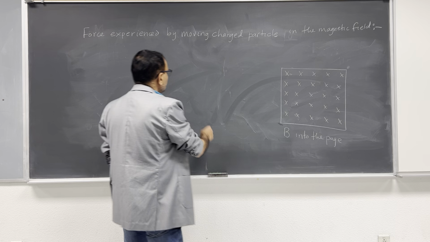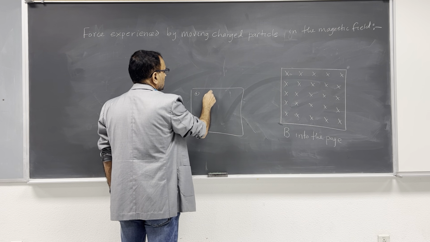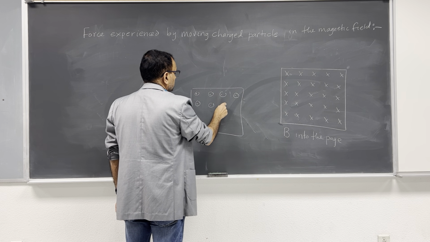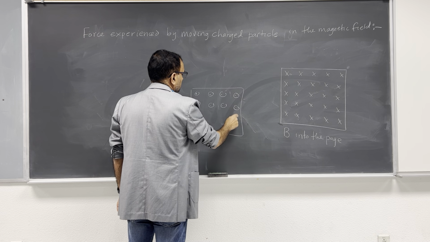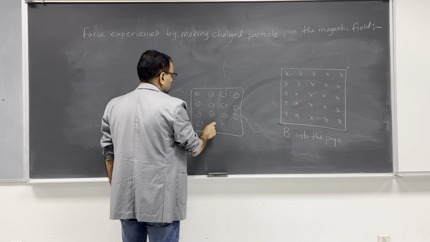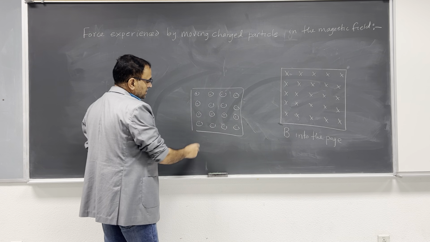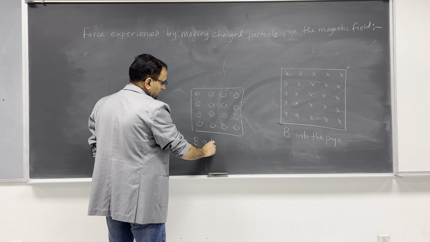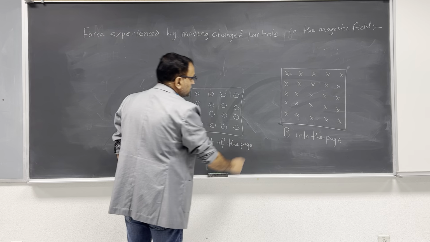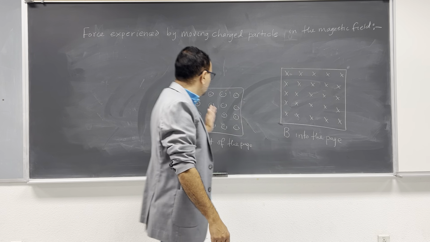If you draw a dot like this, it is magnetic field out of the page. Please note this, we need this in future also. Magnetic field into the page, magnetic field out of the page.